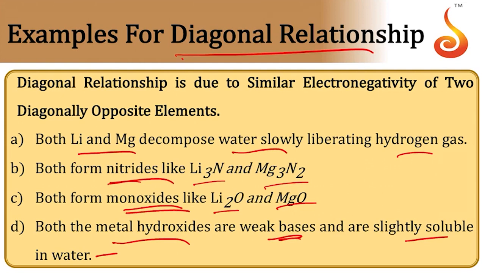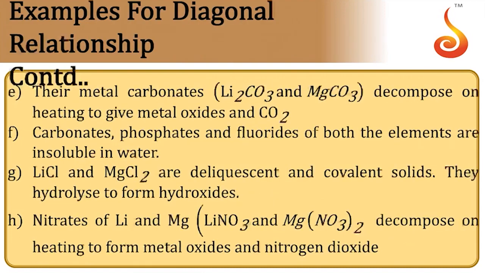Both metal carbonates decompose on heating to give carbon dioxide as well as metal oxides. The carbonates, phosphates, and fluorides of both the elements are insoluble in water. This is an important thing: carbonates, phosphates, fluorides of these elements are insoluble in water.